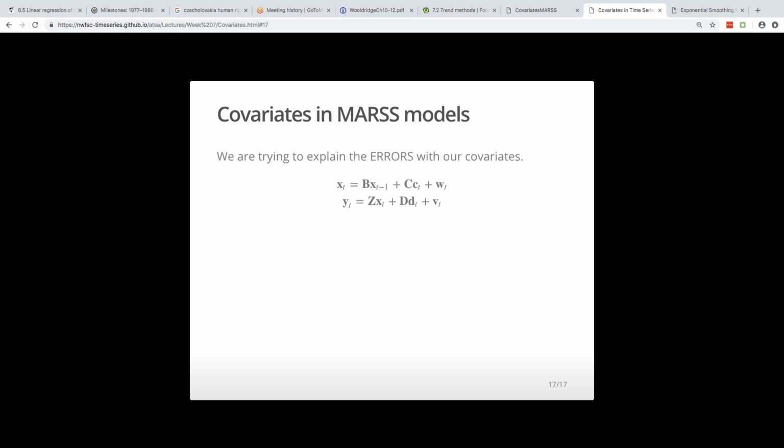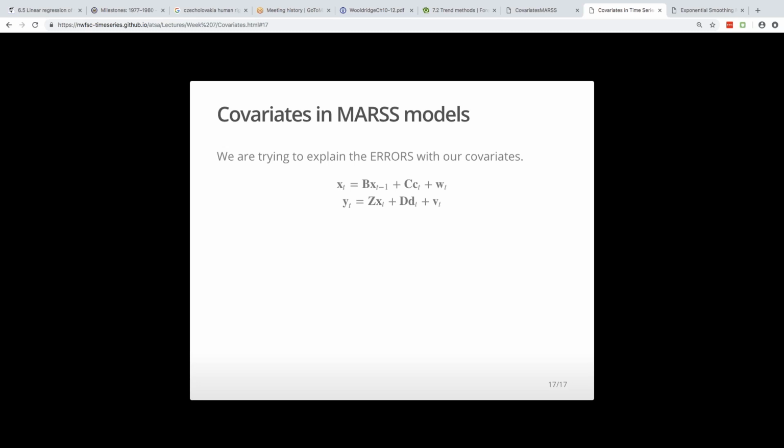So this is an ARMA, AR1, and then our covariate appears like this. When we talk about MARSS models, we have also this observation process, and we can also include our covariates in the observation process.